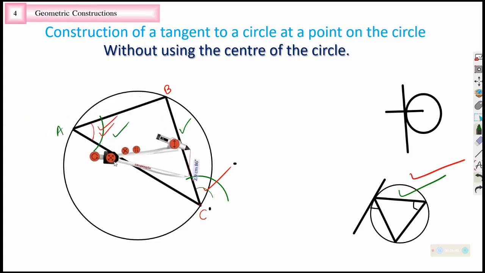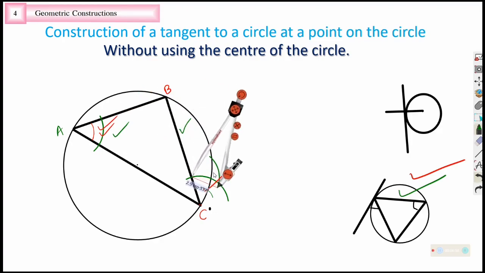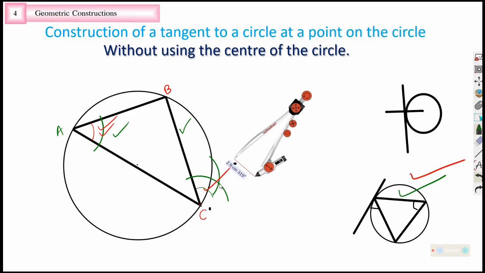Bring that over here. Here also that line should go exactly at a similar distance from this. Understood? So here is a point. Here is the second point. Now I have to draw a line passing through these two points. That will be the tangent.